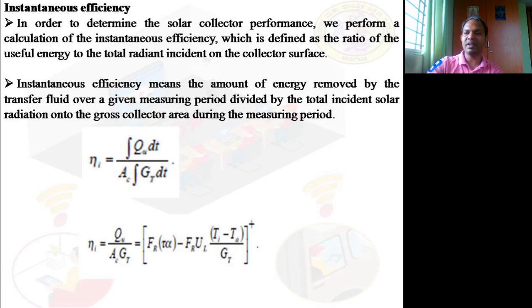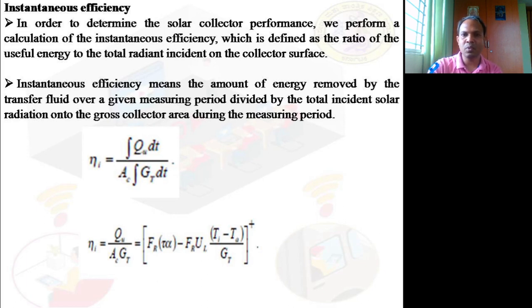The solar incident radiation keeps changing with respect to time, so we sum it up by integrating with respect to time: Gt at 0 time, Gt at 1 minute, Gt at 2 minutes. Integrating between the limits gives us the total incident radiation. So this is in the denominator and this is in the numerator.